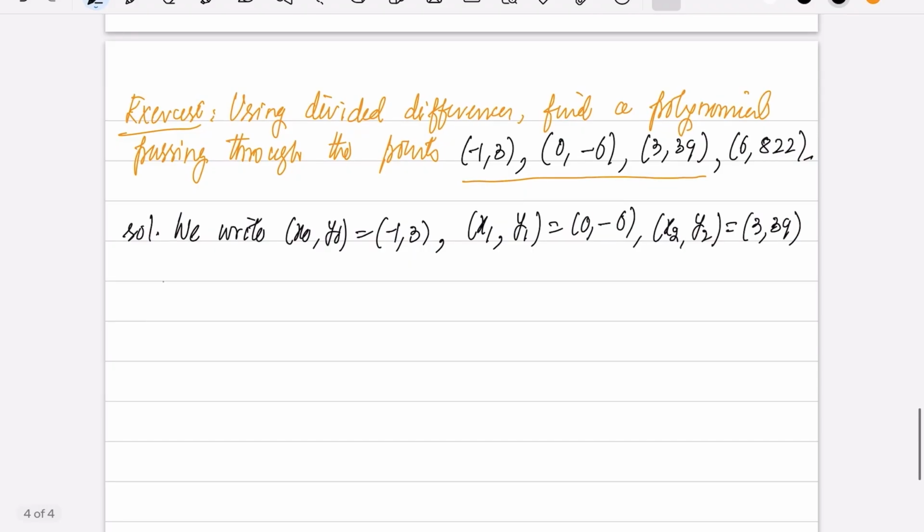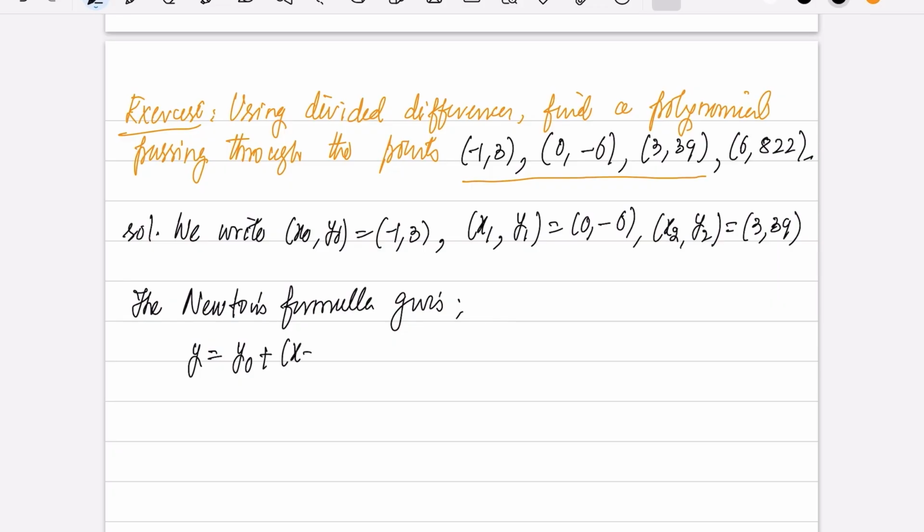So Newton's formula gives, since we are given 3 points here, a quadratic polynomial like this: y is equal to y naught plus x minus x naught into x naught comma x1 plus x minus x naught into x minus x1 into x naught comma x1 comma x2.